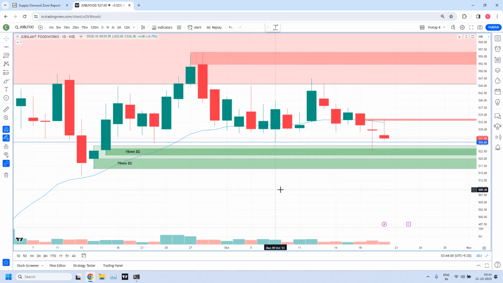The reason is NeoStock has a special concept called entry buffer. So what is this entry buffer? This entry buffer is a small price buffer introduced before the demand zone, or even before the supply zone. But at present we are discussing the demand zone, so let me explain with respect to the demand zone.